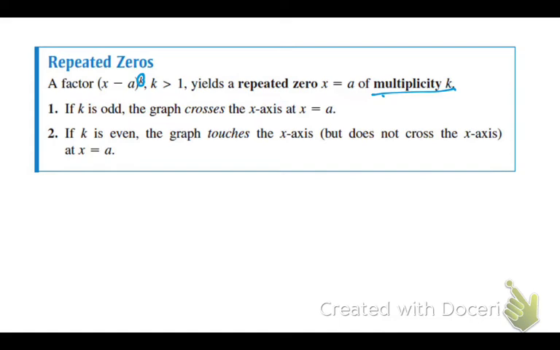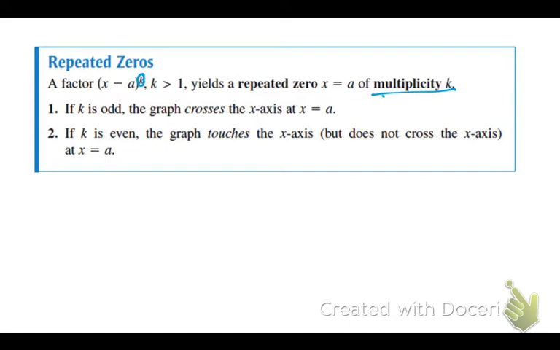So if k is odd, the graph crosses the x-axis at x equals a. If k is even, the graph touches the axis but does not cross the axis. So again, let me repeat that.